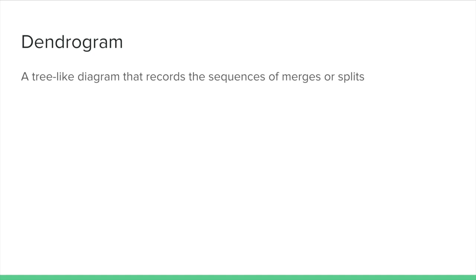All right, as we mentioned earlier, the dendrogram is a very useful tool to visualize the clustering result, and it is a tree-like diagram that records a sequence of merges or splits.